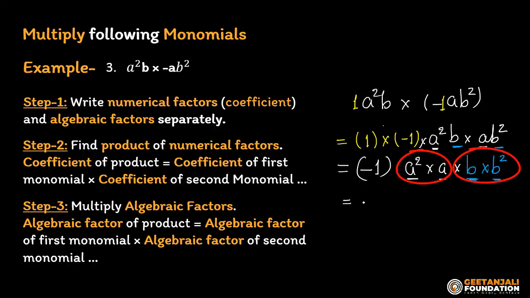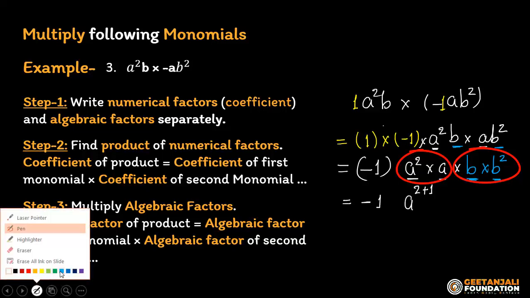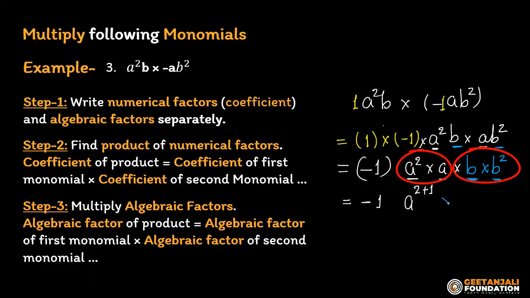So we can write minus 1 times a raised to 2 plus 1, because nothing is written over here. 1 a is there, it means the exponent is 1. So I will write 2 plus 1. Then I'll take this b and write it as b raised to 1 plus 2, because here nothing is written, so I'll consider 1 is written over here.